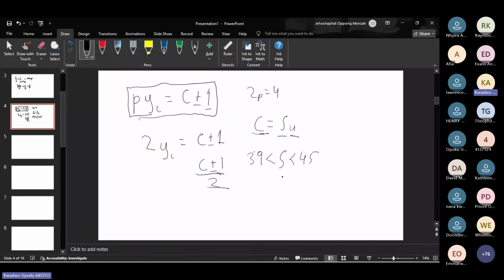But then fortunately, we just found out that our number of slots must be odd from here, right? So if our number of slots must be odd, then our number of slots is either going to be 41 or 43. Are we okay? I'm moving on, guys.